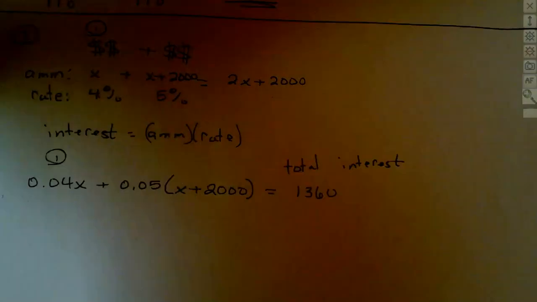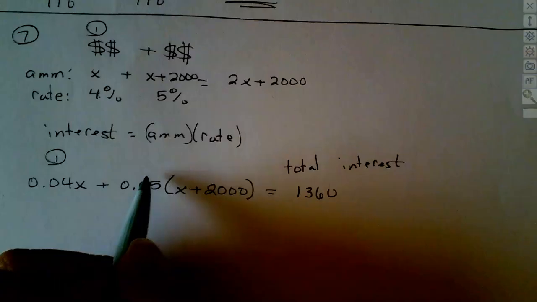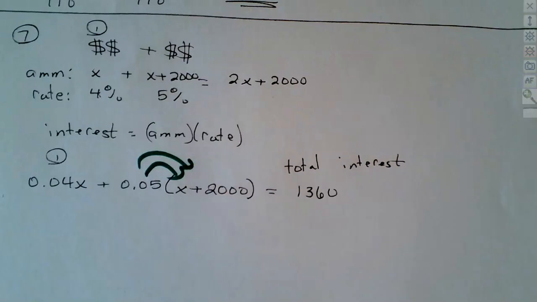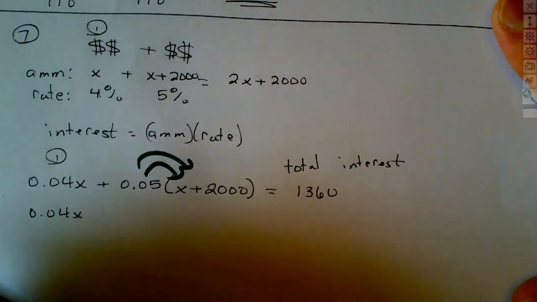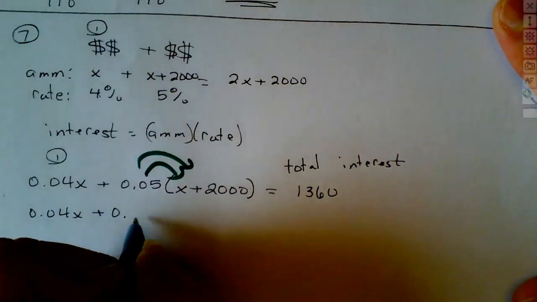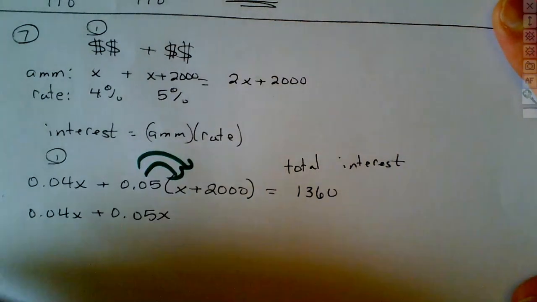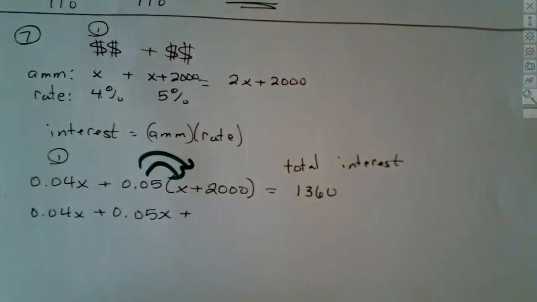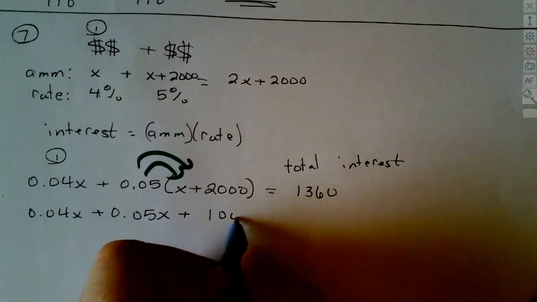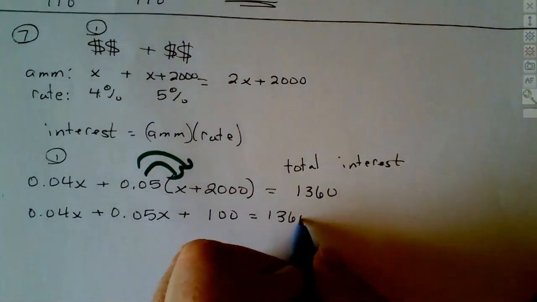Distribute, combine, solve. So distribute the 0.05 through, and that is then 0.04x plus 0.05x, watch your decimals here, and 0.05 times 2,000, well, that's 100, and that equals 1,360.